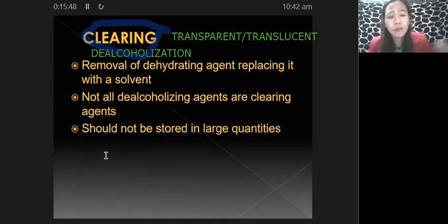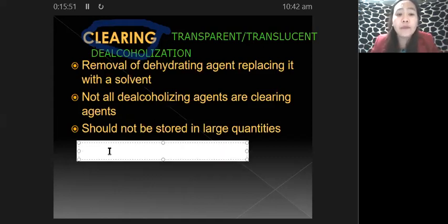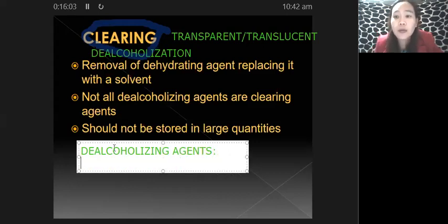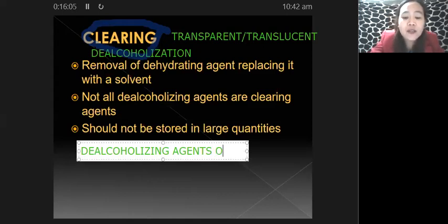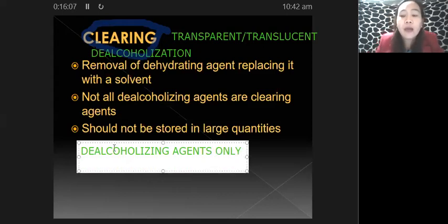So what are some reagents which we refer to as dealcoholizing agents only? When we say dealcoholizing agents only, they allow the removal of your dehydrating agent, in particular your alcohols, from your tissue.